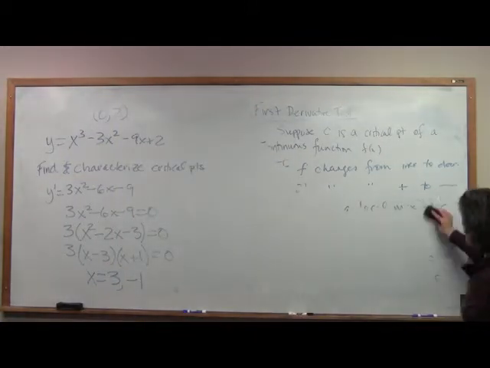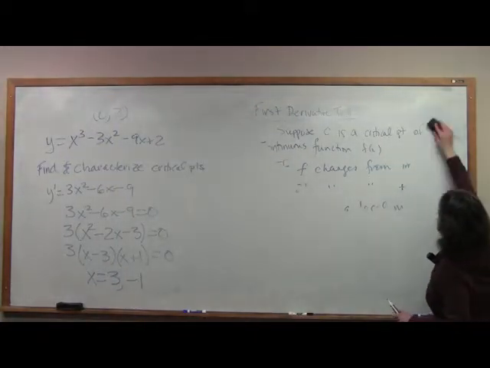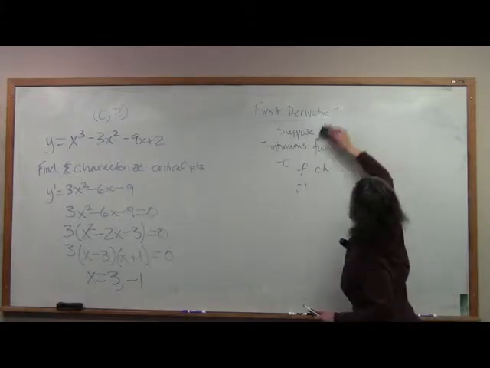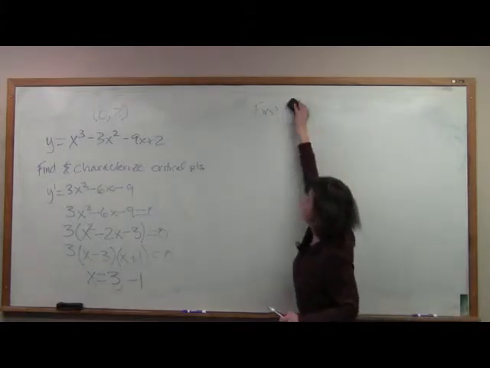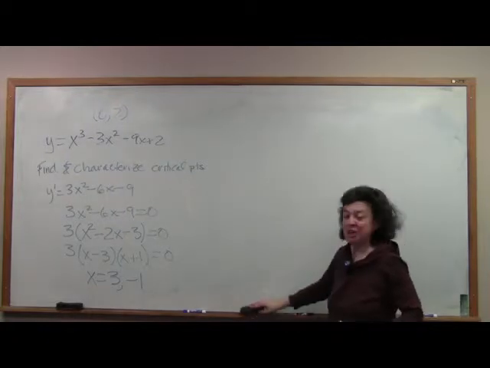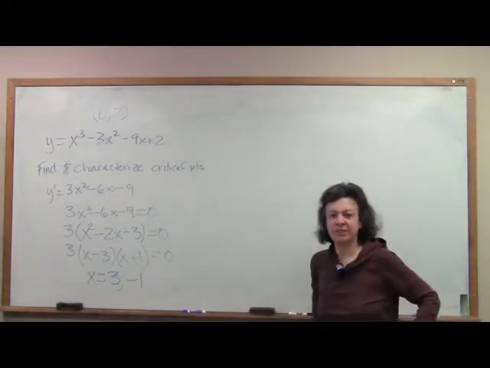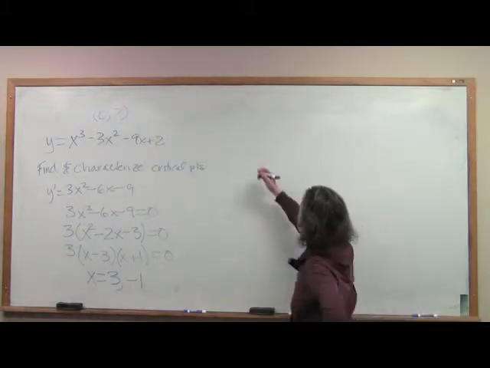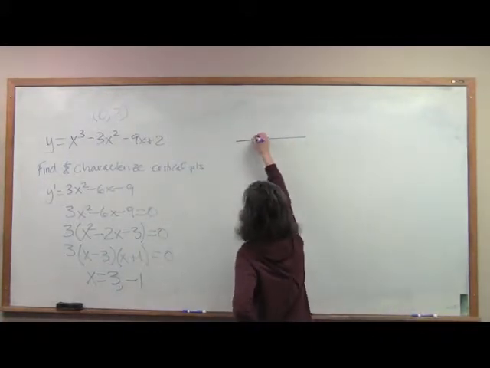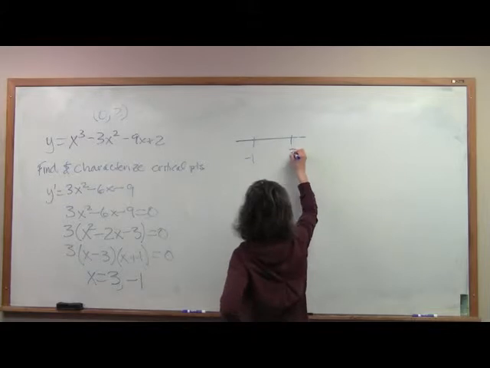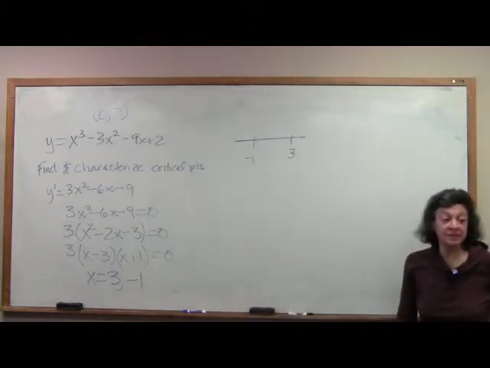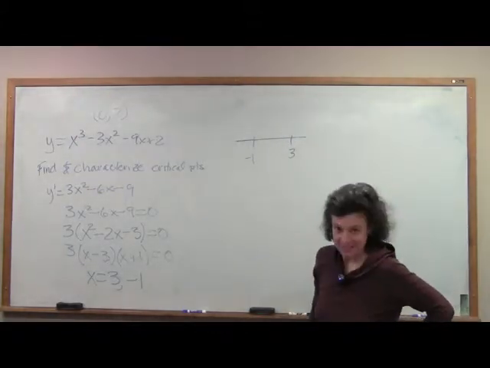So now what we need to do is characterize them. Let me show you the steps that you go through. Now this might seem like a lot at first, but once you start going through these steps, you'll see that they become very routine. What you do is you put these points on a number line. I'm going to use my first derivative test.